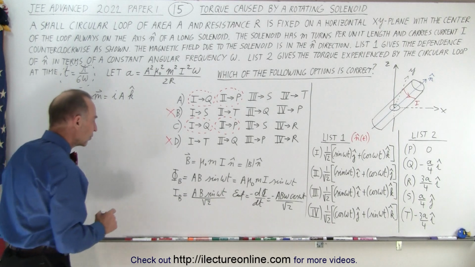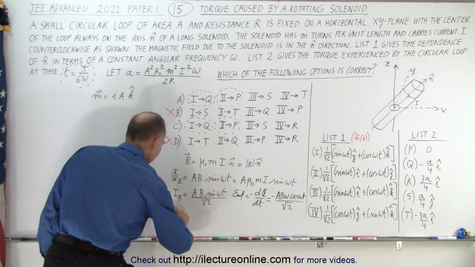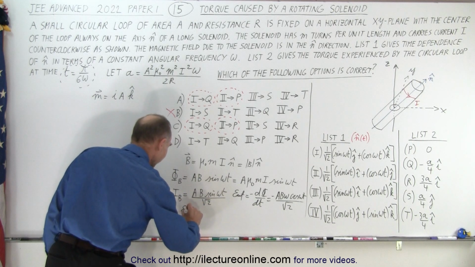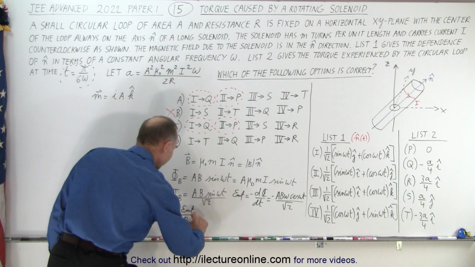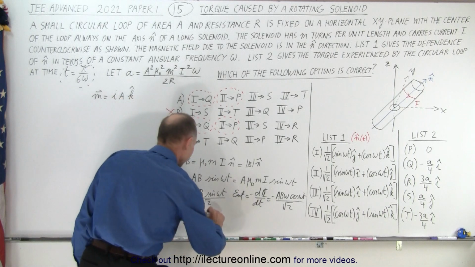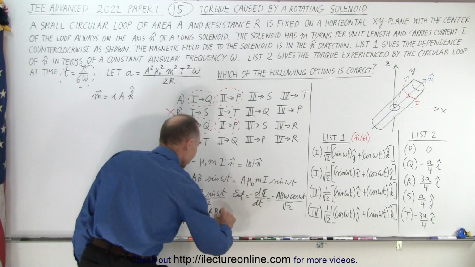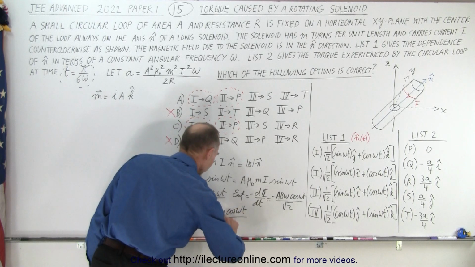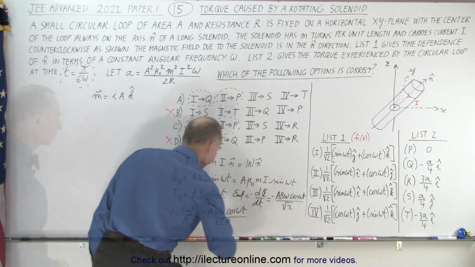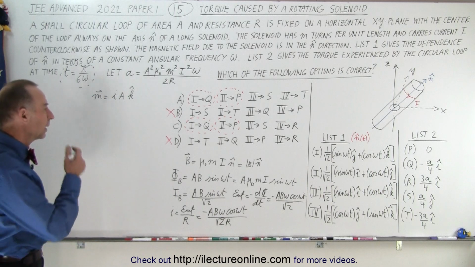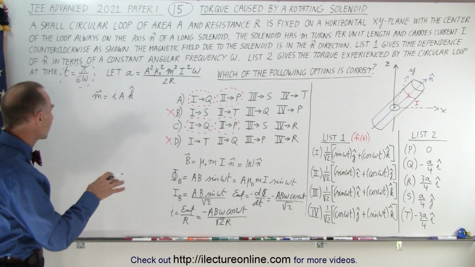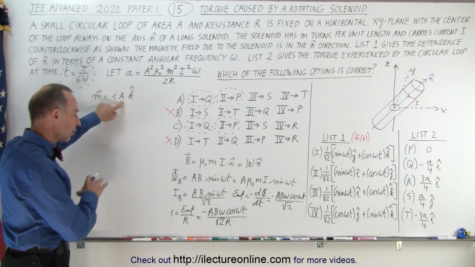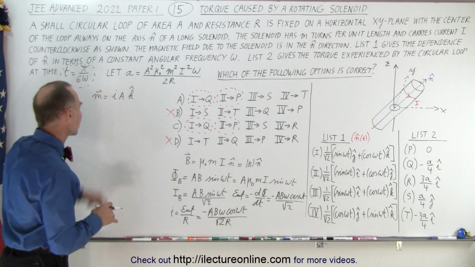So the next thing we want to do is find the current induced, which is equal to the EMF divided by the resistance. And so that's going to be minus AB omega cosine of omega t divided by 2 times the square root of 2 times R. All right, so now the next thing we want to do is find the magnetic moment, which is the current times the cross-sectional area of the loop in the k direction.